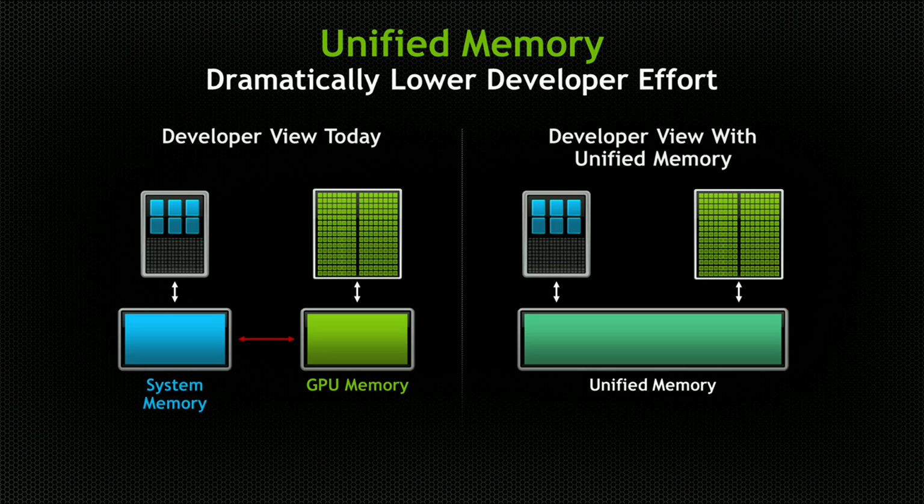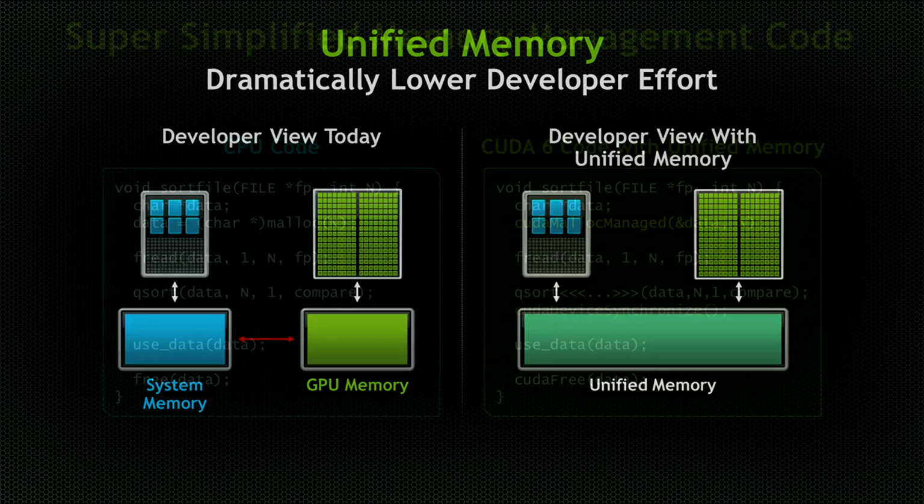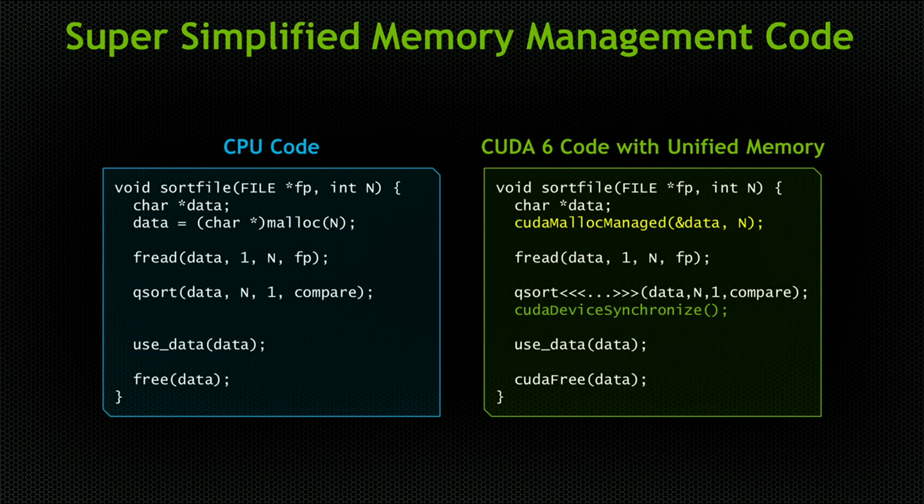What we're introducing with CUDA 6 is unified memory, which provides a unified managed memory space that spans the divide between the CPU and GPU. And the CUDA runtime handles automatically migrating data to the processor that needs to access it. So what that means for the programmer is dramatically simplified code.